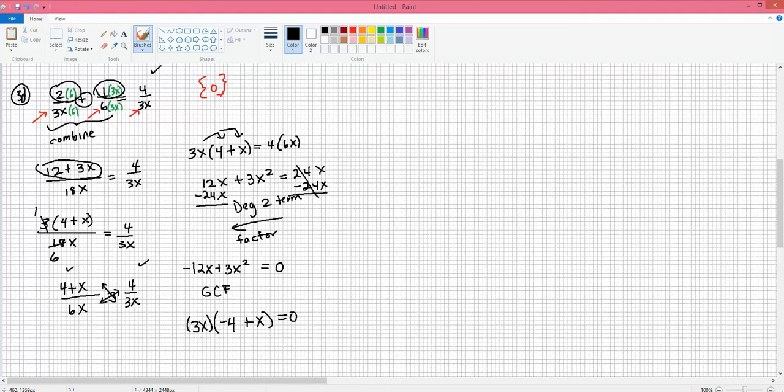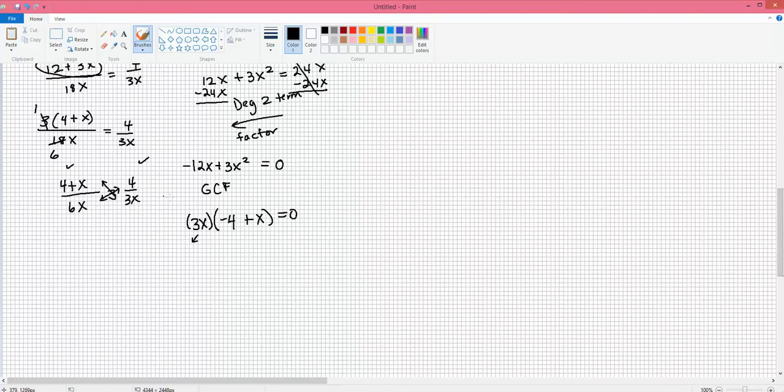All right, and you have to set each of these equal to 0. Here, x equals 0. And from negative 4 plus x, we get that x equals 4.